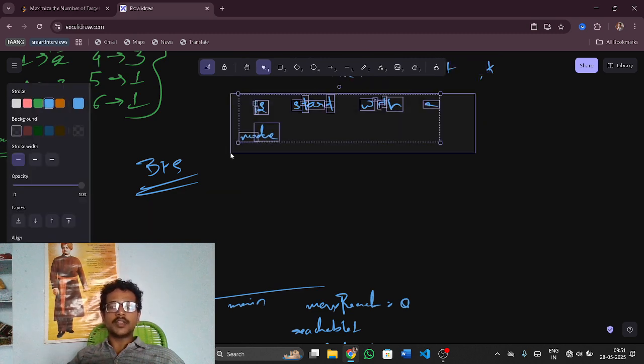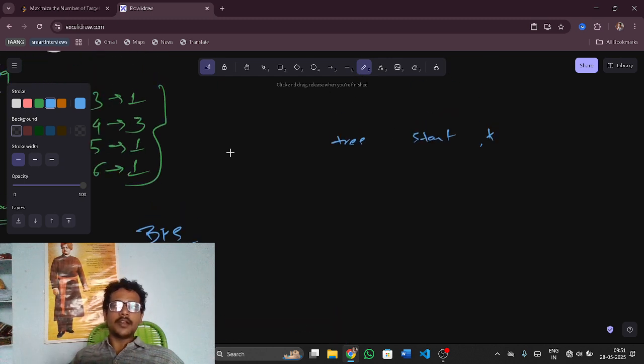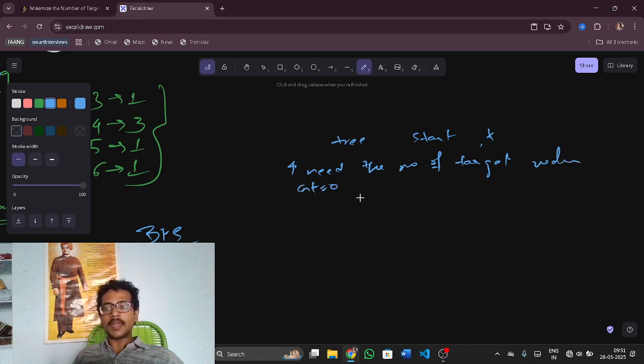Let us see. The first thing I need is the number of target nodes. So for that I'll initialize count is equal to 0, and I need a queue for this BFS traversal, and also a distance vector of n comma minus 1.